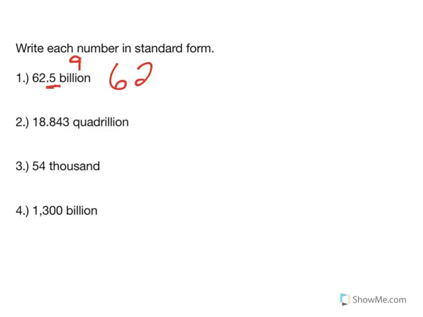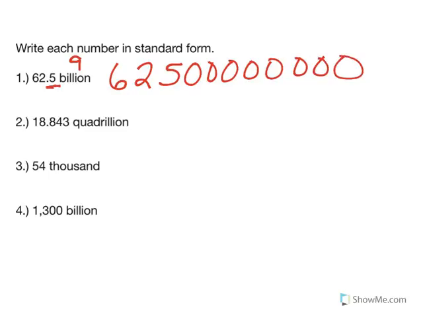So I've got 62, the number, and then I need 1, 2, 3, 4, 5, 6, 7, 8 zeros. So when I put my commas in every third position, that's what it looks like. And it should work out that if you have that decimal point in there, when you go to standard form, that decimal point should turn into a comma because of the way that it's in groups of 3.